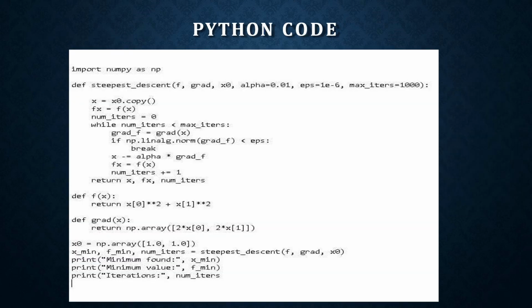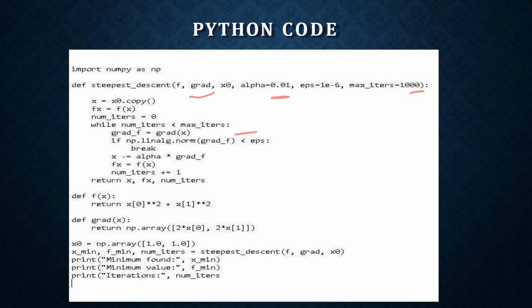And this is my Python code. We will write the steepest descent method in Python. Initially we will give x and f of x, the objective function, and a number of iterations. This is alpha, which is how much distance we have to travel, and this is the gradient of f of x.